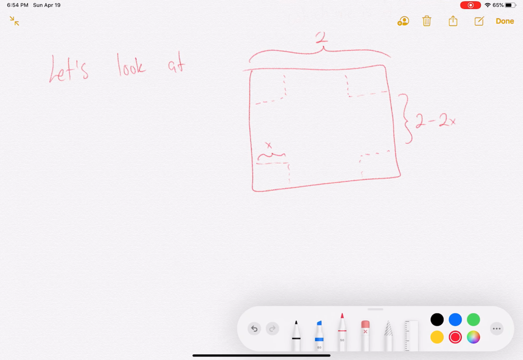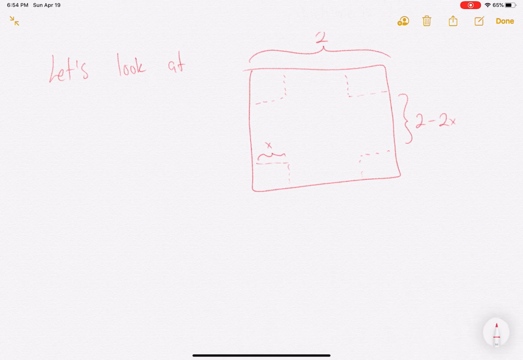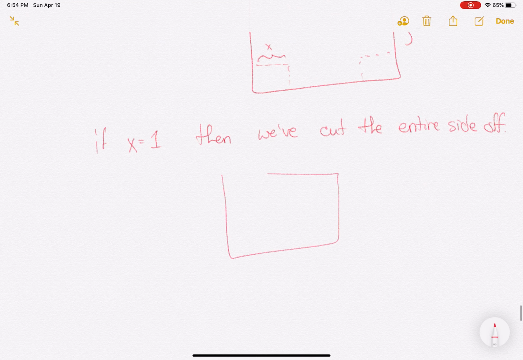If x equals 1, then we've cut the entire side off. Right? x equals 1 corresponds to me putting my cuts right there.